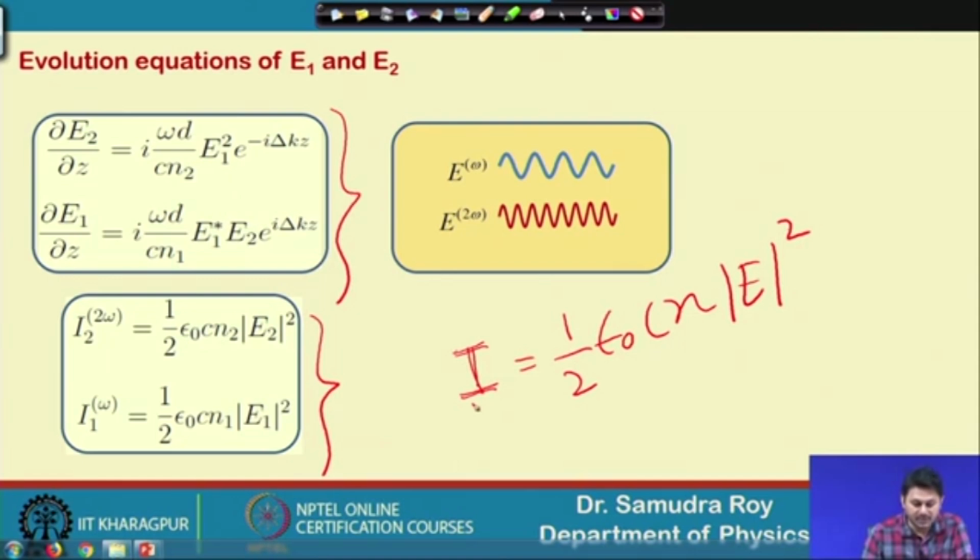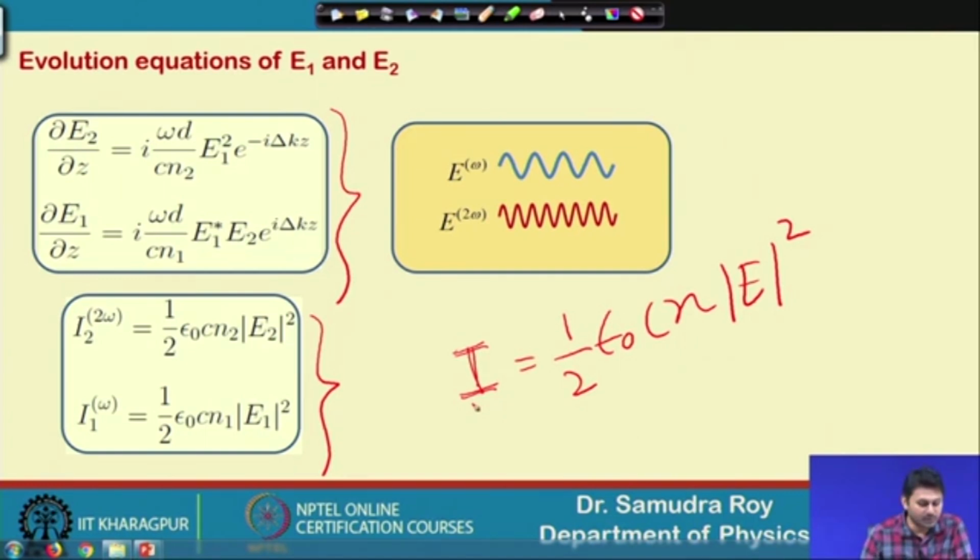That means E1 is constantly feeding energy to E2, but E1 is not changing by itself. So the total energy is gradually increasing, because E2 is gaining energy but E1 is not losing any. That approximation is correct up to a certain limit, but after that we need a more rigorous calculation to find exactly how E1 and E2 evolve. That we will do in future classes.